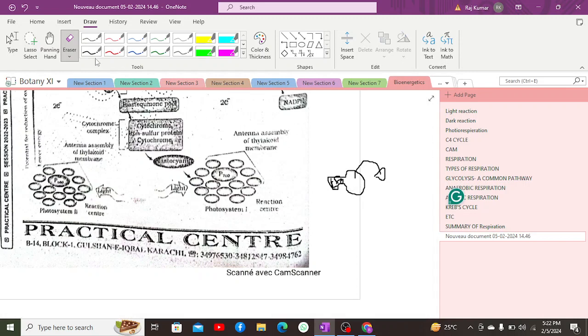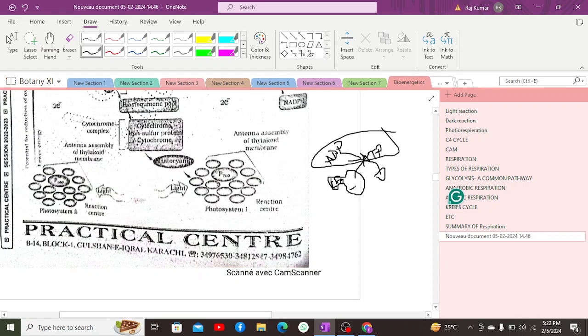So the CF naught particle is a transmembrane protein having the ATP synthetase enzyme, which acts to convert ADP into ATP. This is the first process.